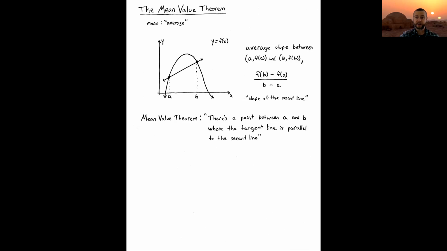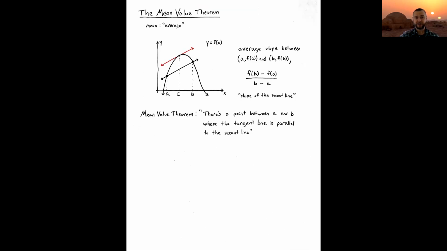And what you should find is the tangent line, where it has the same slope as our secant line, looks to be right about there. And what the mean value theorem says is that there is a point, here we're labeling that point C, where the slope of the tangent line equals the slope of our secant line.